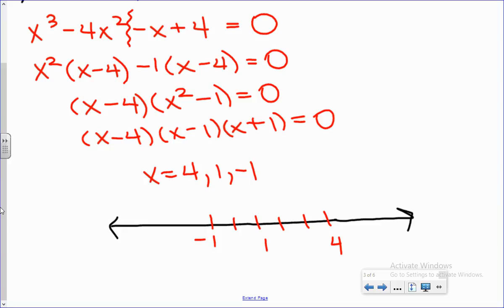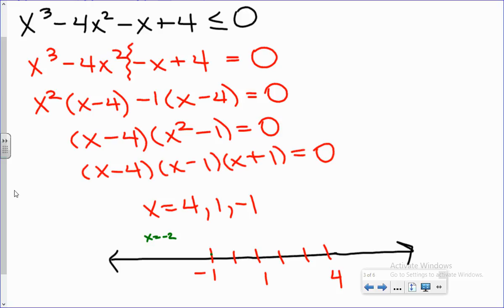So my first zero is at -1. What is a number between -infinity and -1 that would be nice to plug in? Okay, so I'm going to plug in x is -2. Now, when we plug in x is -2, what do we get?